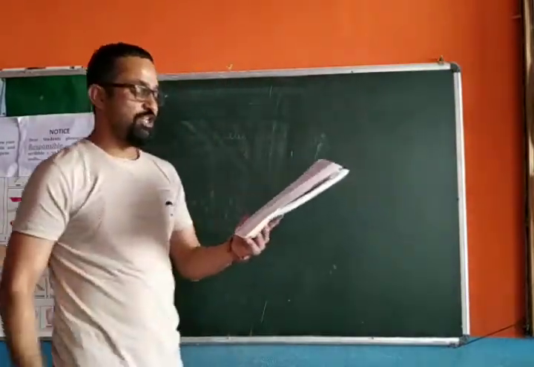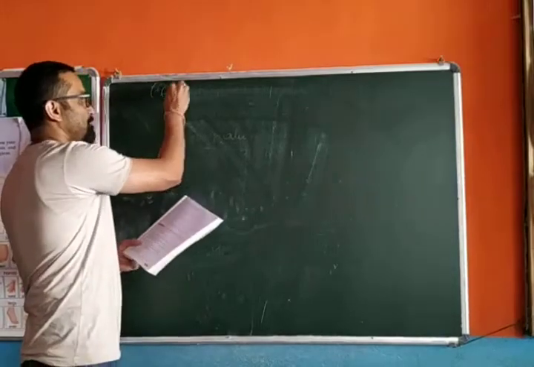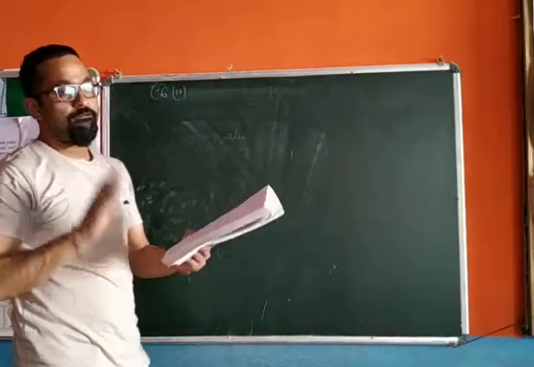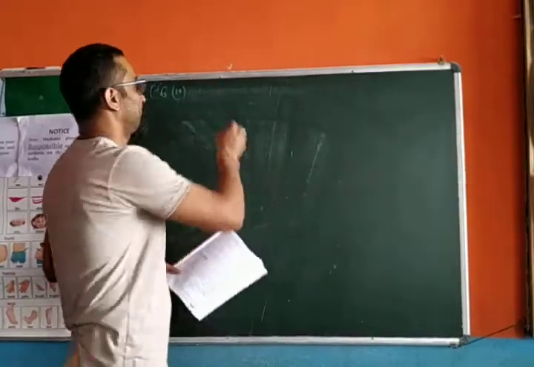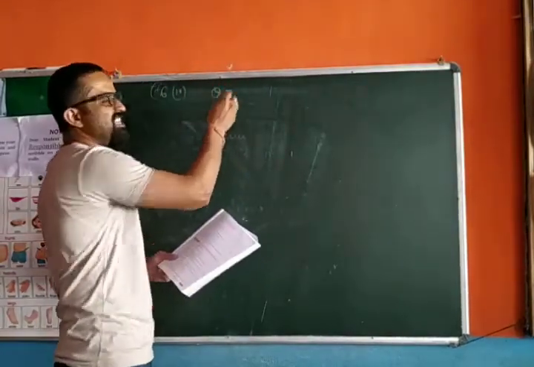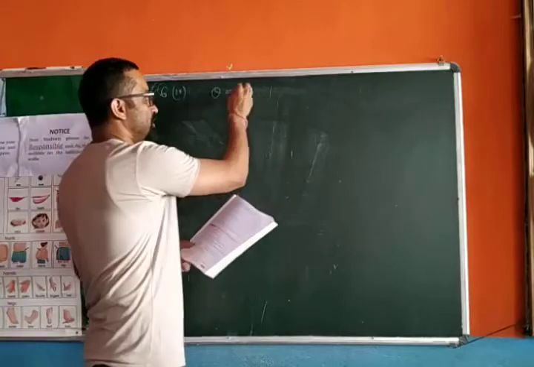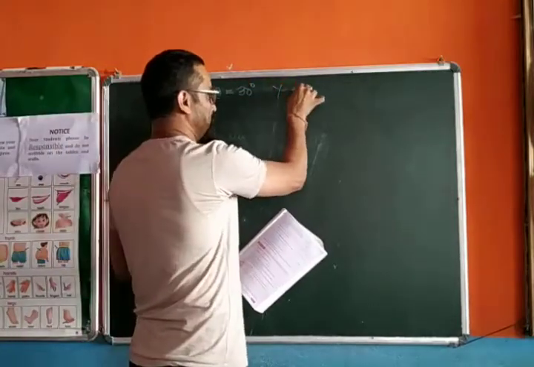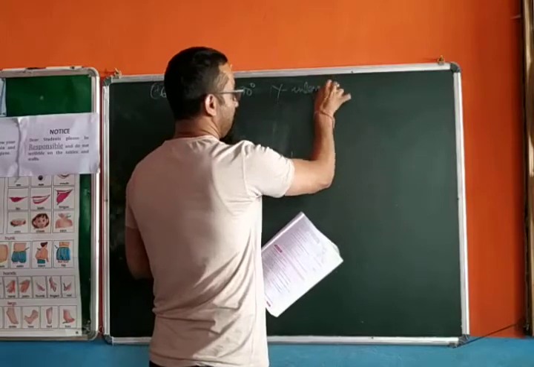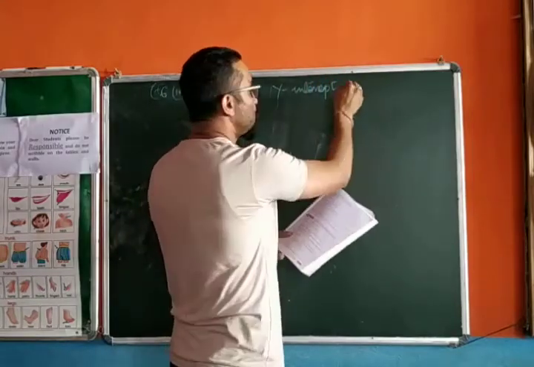Look at this question number 6, part 4. Find the equation of a straight line whose inclination, that means theta, is given as 30 degrees. Y-intercept is 2.